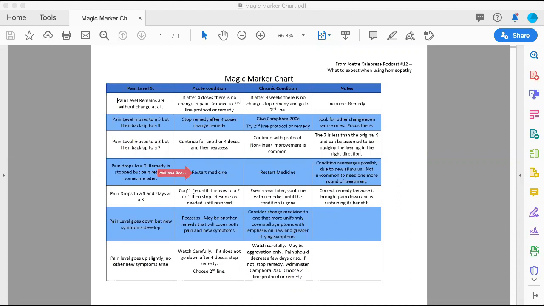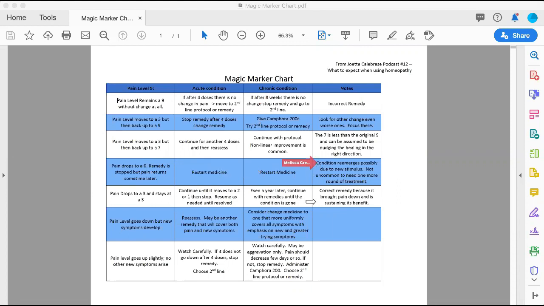It doesn't matter how long it's been. So you don't have to wait the full 8 weeks when, if your conditions have gone down to a 0, you're going to stop that remedy when it goes down to a 0. But if the thing comes back in a chronic condition or an acute condition, then you'll restart the medicine because you had the right medicine. So you just do it again.